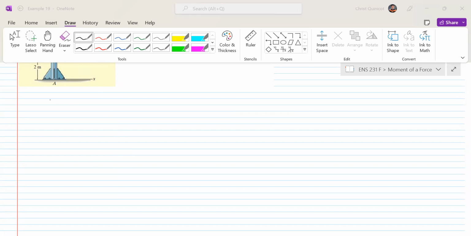So we start by finding the resultant force F sub R. The y component of our resultant force is equal to the sum of all the forces acting in the y direction, assuming upward positive.